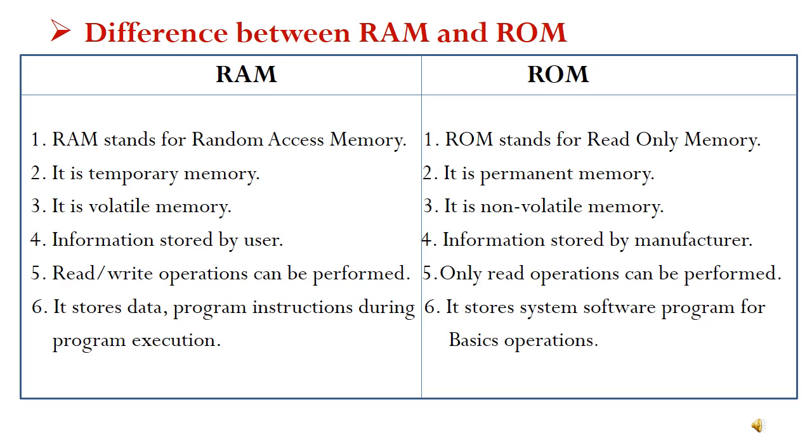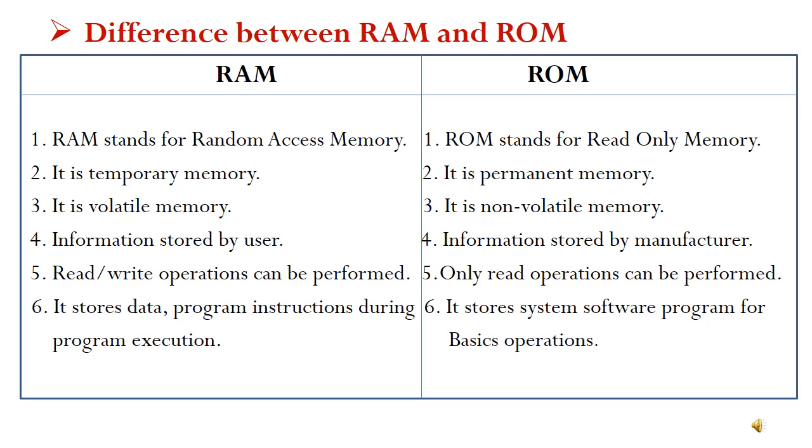Next, RAM is a volatile memory and ROM is a non-volatile memory. Next, information is stored by the user in RAM and information is stored by the manufacturer in ROM. Next difference, read or write operations can be performed in RAM. Only read operations can be performed in ROM.